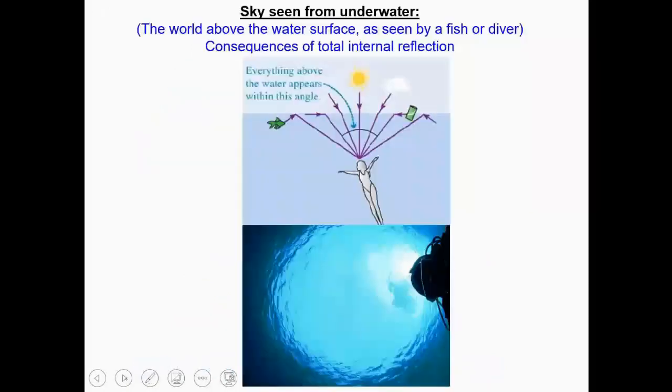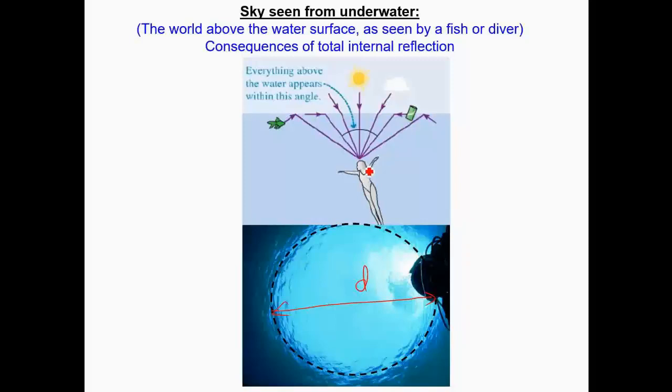Another example: if you are a diver and try to see the outside sky from underwater, you won't see the full vision. This is the real picture, actually. You will see the outside sky through a small hole, depending on how deep you are. We can calculate this diameter. You will just see the upper sky through a hole of a certain diameter depending on the depth, and it's again because of total internal reflection.